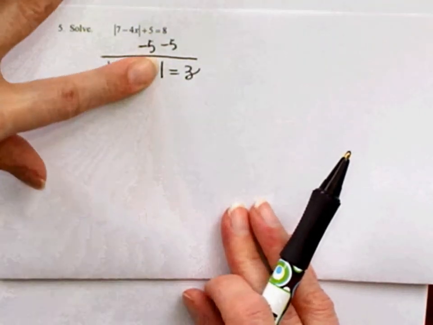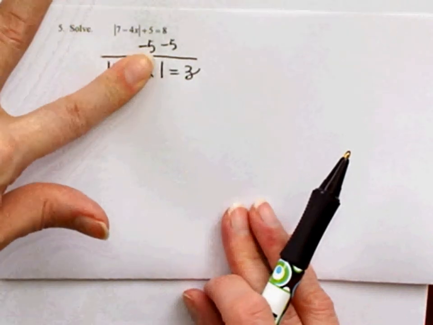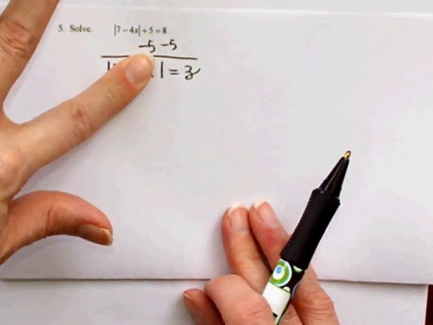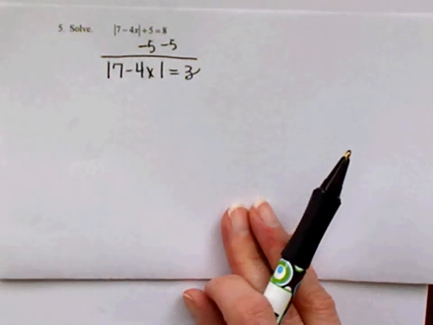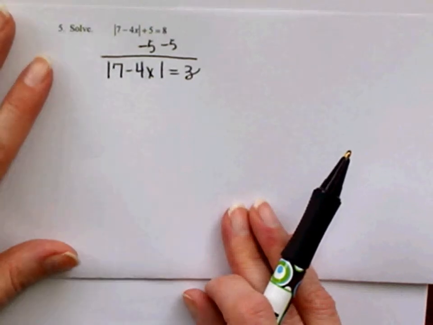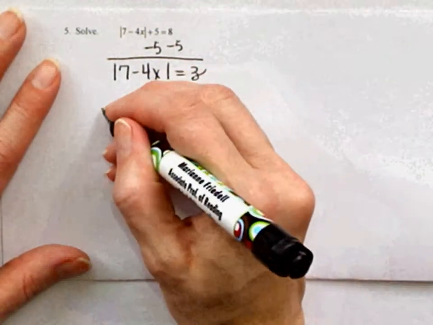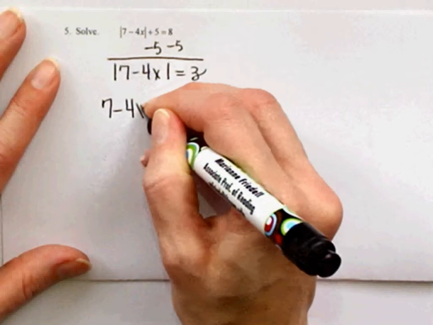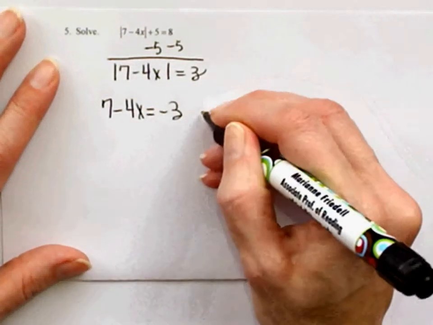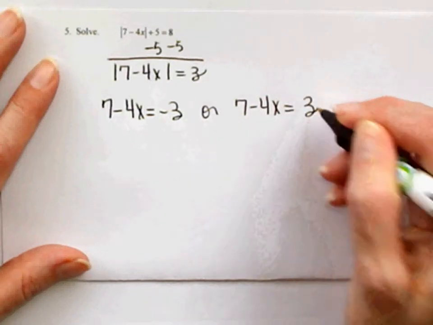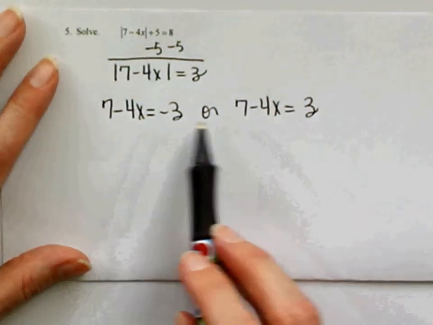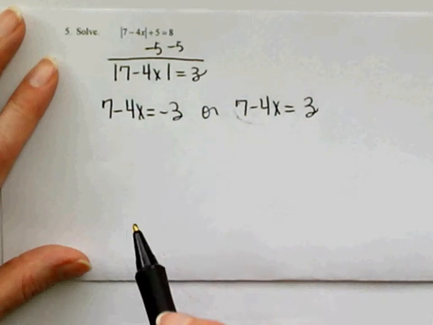Meaning, what would have to be underneath my finger? It would have to be either a negative 3 or a positive 3. So whatever's underneath my finger, which is the 7 minus 4x, needs to be a negative 3 or a positive 3. So 7 minus 4x equals a negative 3, or 7 minus 4x is going to equal a positive 3. So notice at this stage we should not have absolute value, which we do not.